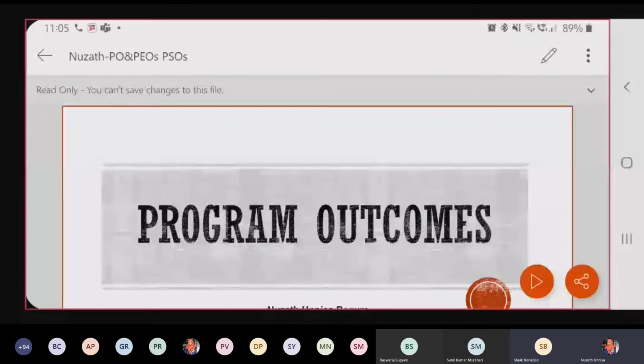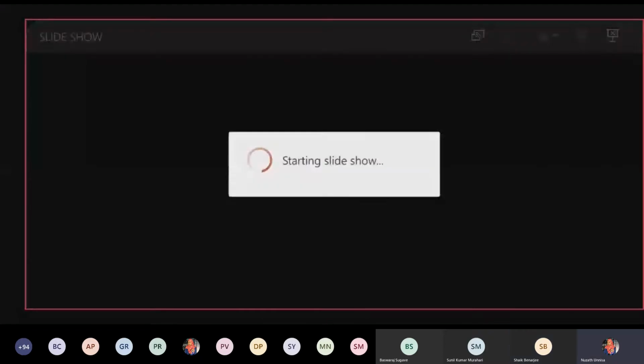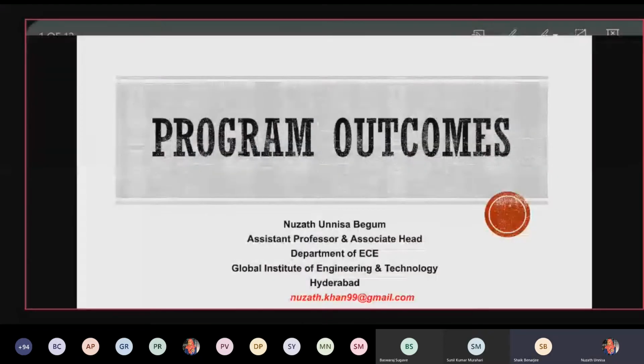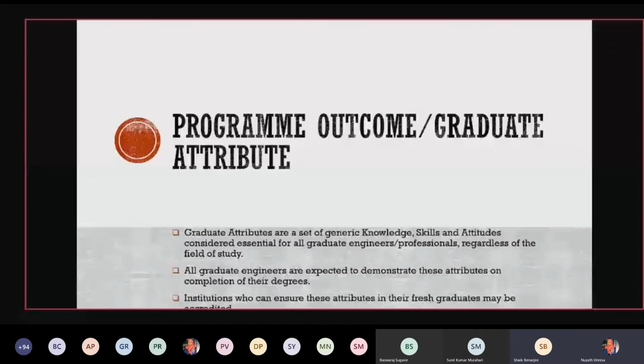So let's start with the next presentation of mine, which is program outcomes. As our chief guest was discussing yesterday, by now everybody is familiar with what outcome-based education is and what program outcomes are. Program outcomes are also the graduate attributes.